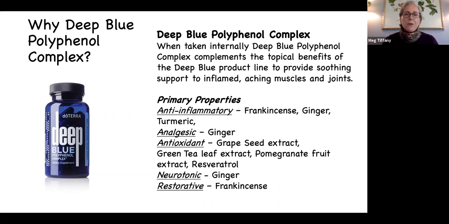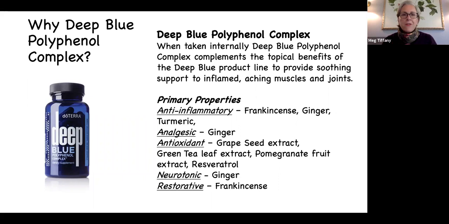So what does Deep Blue have in it? It's a strong anti-inflammatory, which it gets from frankincense, ginger, and turmeric. It's a very powerful antioxidant with grapeseed extract, green tea extract, pomegranate fruit extract, and resveratrol.